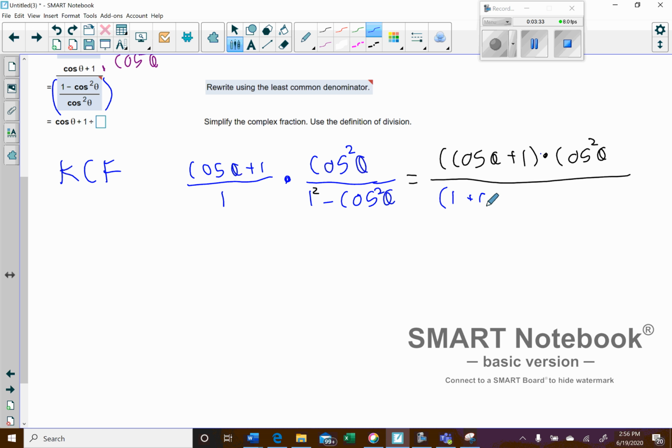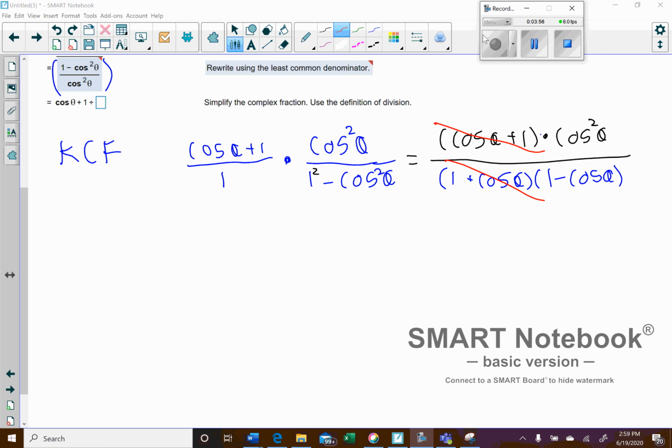So 1 plus cosine of theta and 1 minus cosine of theta. And if you were to FOIL that together, it would go right back there. But then this is going to cancel out here and here. So then we're left with cosine squared over 1 minus cosine of theta.